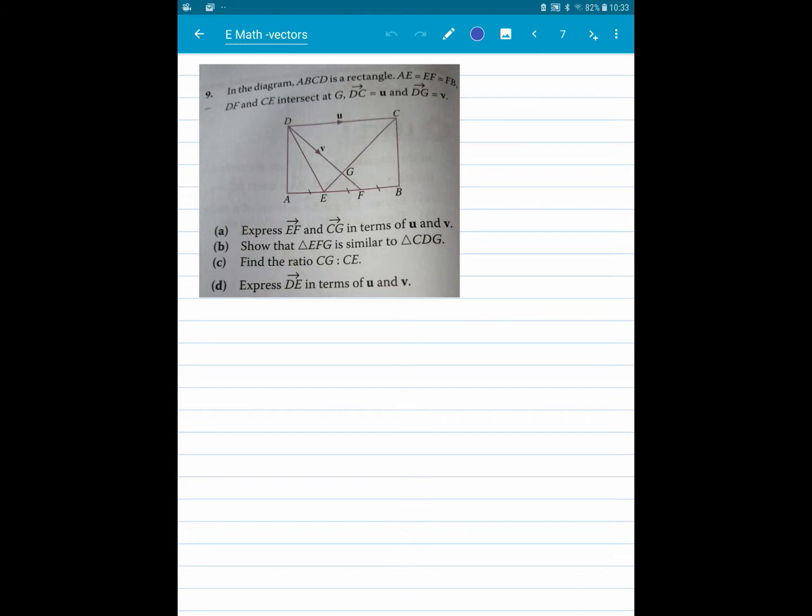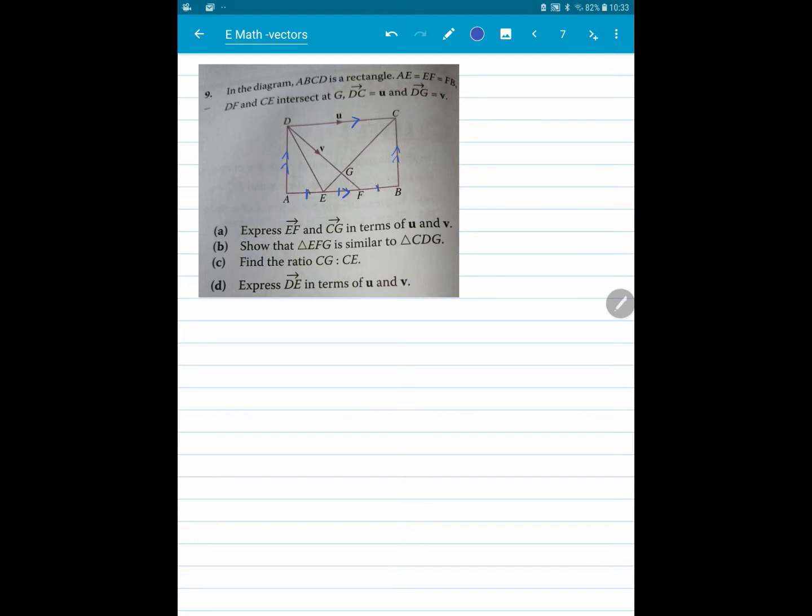Let's take a look at this example here. We have a rectangle ABCD, and we can indicate the parallel sides, and I have AE equals to EF equals to FB, so I'm going to indicate it here as three equal parts.